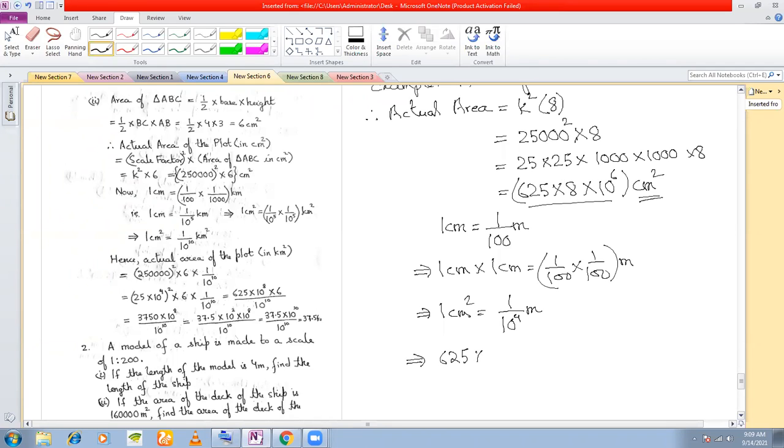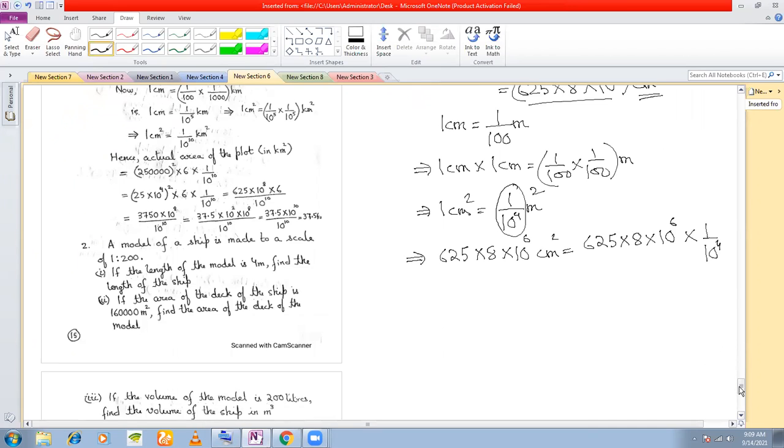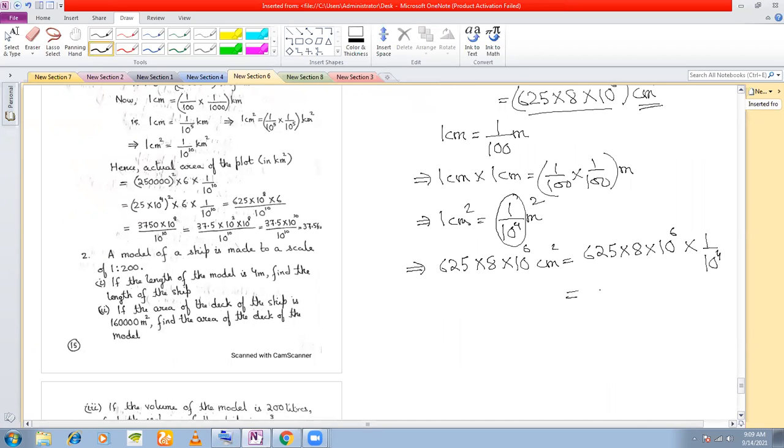625 into 8 into 10 to the power of 6 centimeter square. When converted to meter square, this is 625 into 8 into 10 to the power of 6 into 1 by 10 to the power of 4. So this comes to 625 into 8 into 10 square.